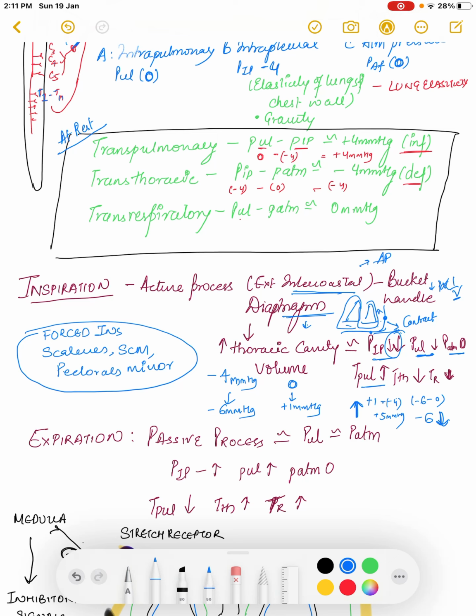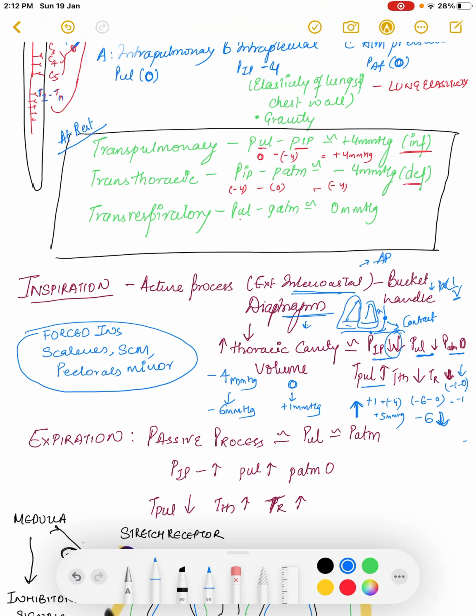And the transrespiratory pressure, which is pulmonary pressure, decreases. Pulmonary pressure is plus 1 minus 0, so it is minus 1.